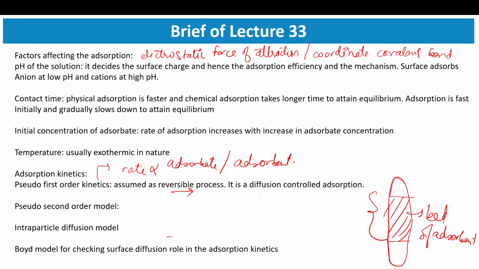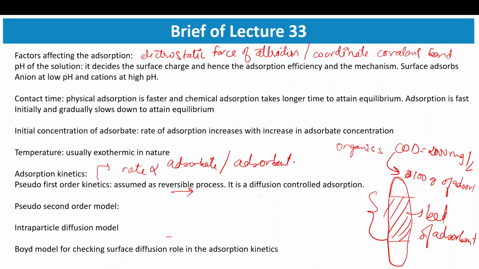Here you can say one is pseudo because one is so high. For example, let's say you want to remove organics contributing to a COD concentration of 2000 milligrams per liter, and as compared to that you are using only 100 grams of adsorbent.